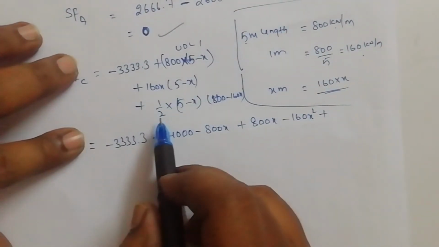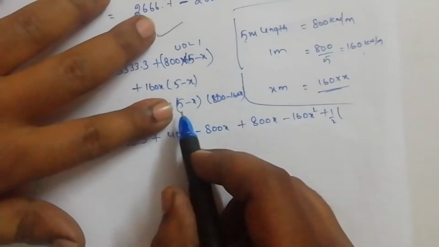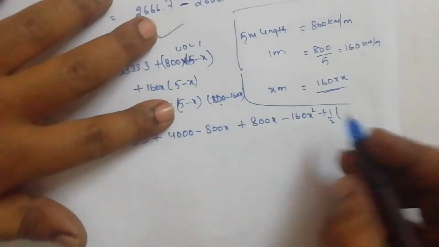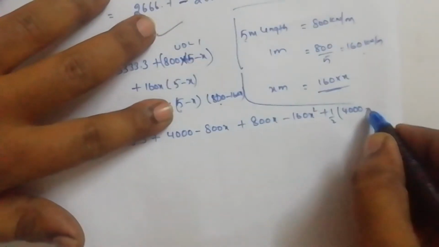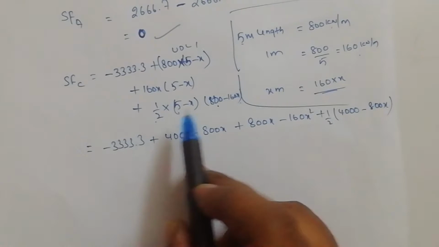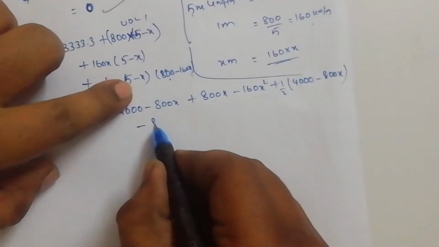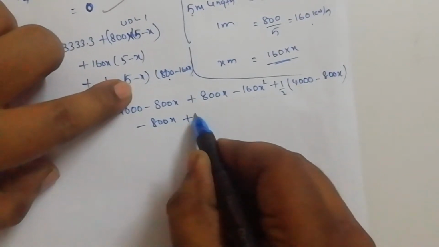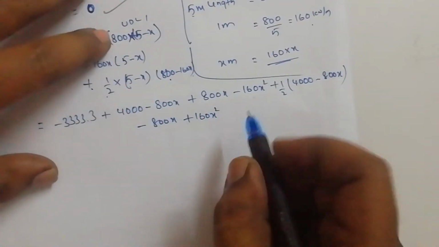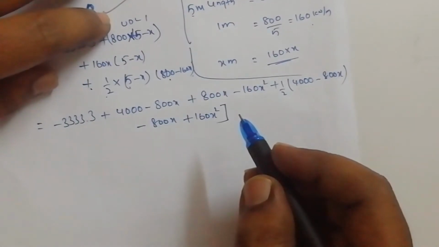Plus, I will write 1 by 2 outside: 5 into 800 is 4000, minus 800x, why? Plus into minus is minus. Now for minus 800x plus 160x square plus 160x square, okay, clear?